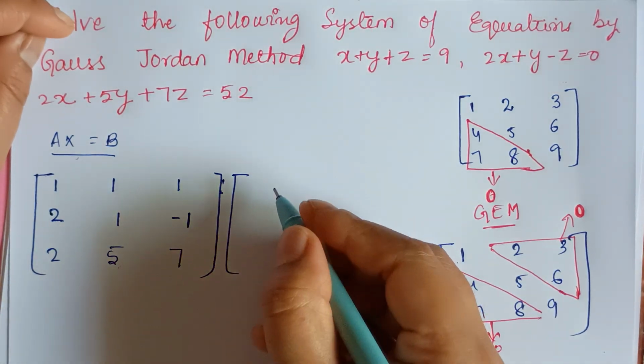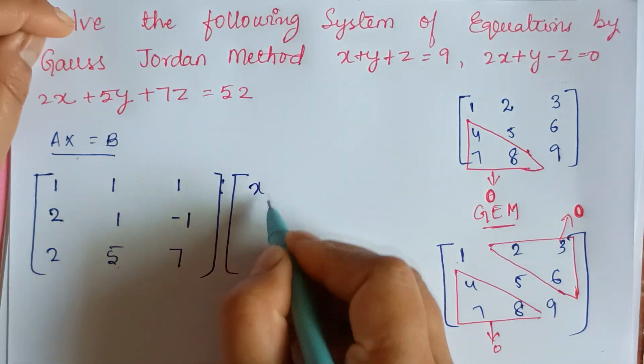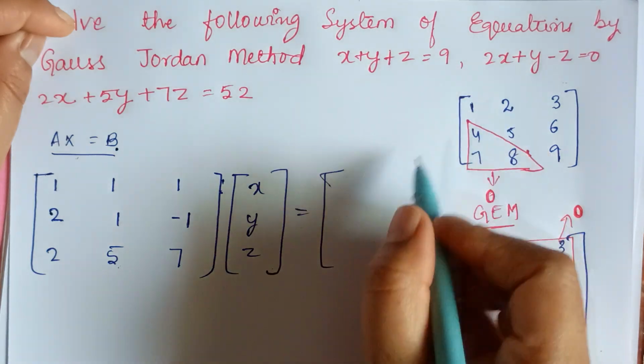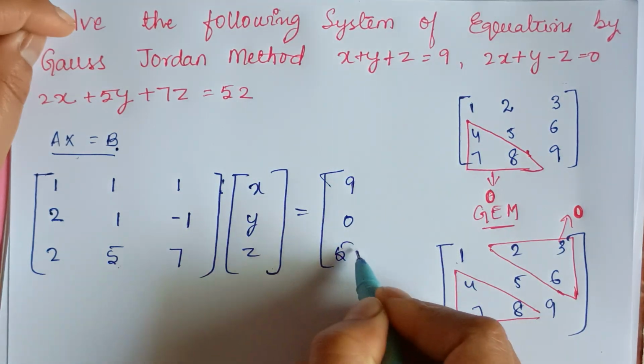Then I have the matrix of unknowns, that is x, y, and z. And then I have a constant matrix B, that is 9, 0, and 52.